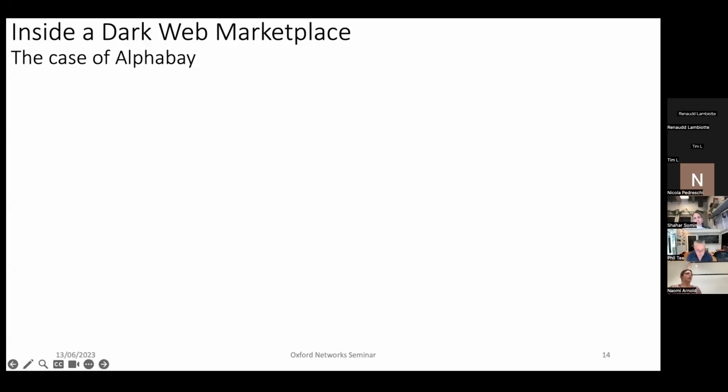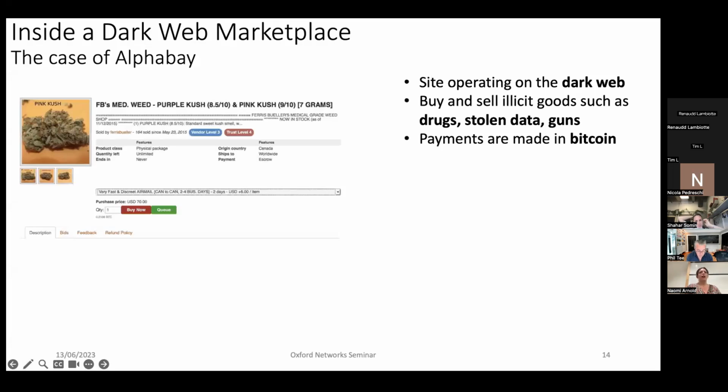So just to give a bit of context into what a dark web marketplace is, and why we might want to study it. We were looking at this particular case called AlphaBay, and a dark web marketplace like AlphaBay operates on the dark web, hence the name, and it's where people buy and sell illicit goods, and there have been cases of drugs, people selling stolen data as almost like a fraud package.